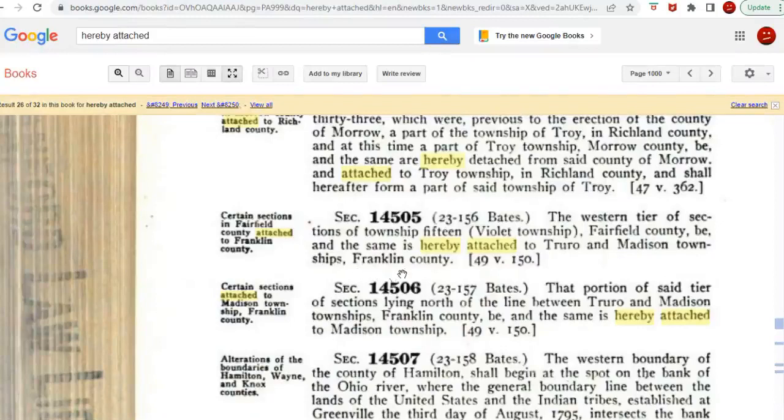It's an old English legal term because you find it in all the old legal documents, and the same is hereby attached to. And when they separate it, it's hereby detached.